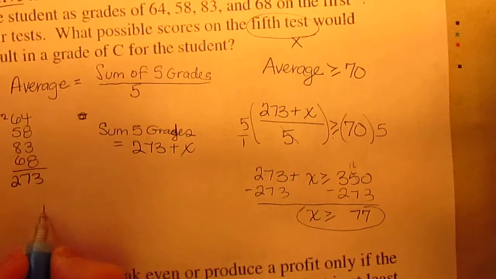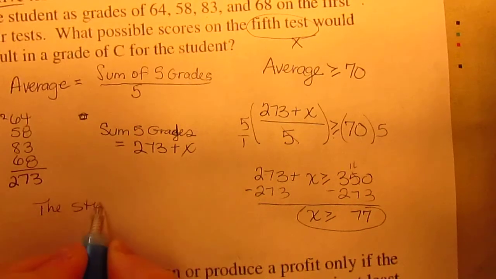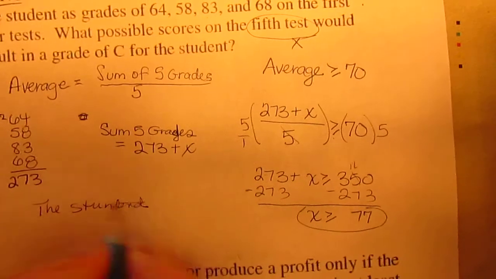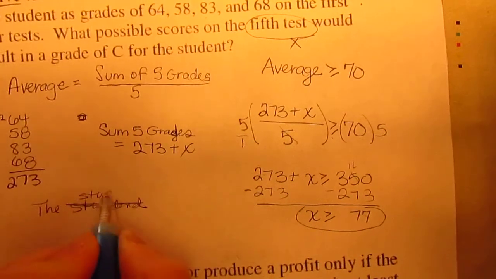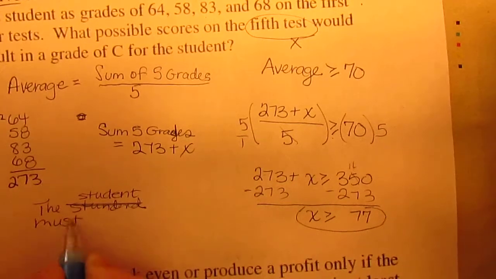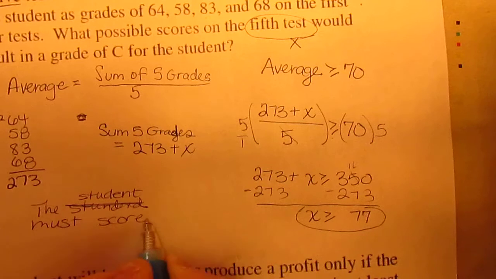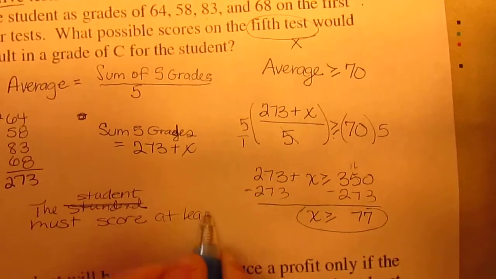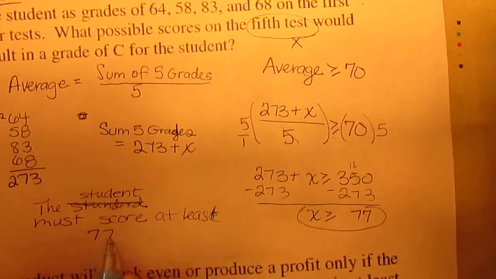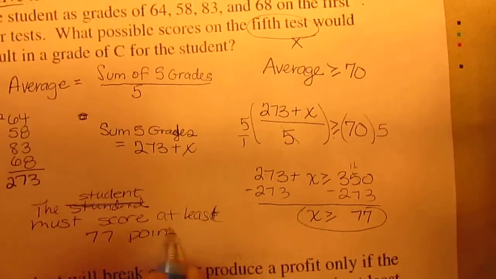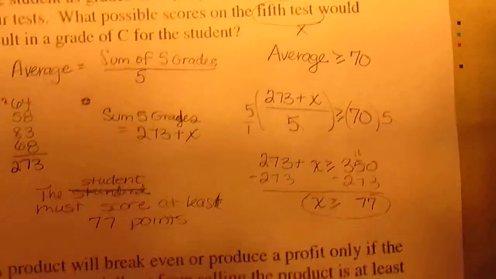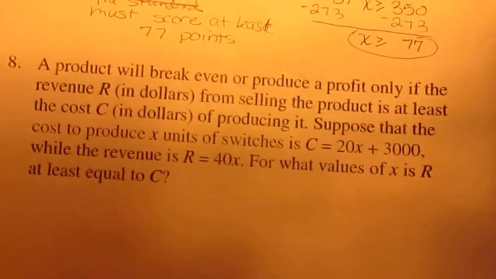So the student, whoops, sorry, wasn't watching myself, must score at least 77 points. That's how you do question number 7. Now let's move on to question number 8.